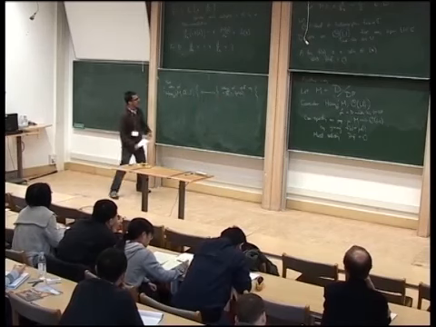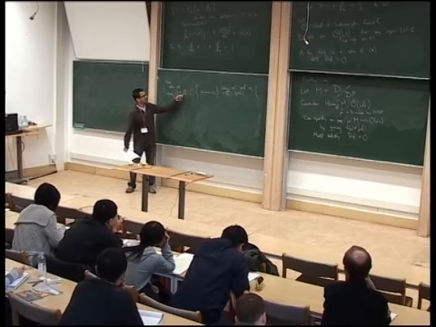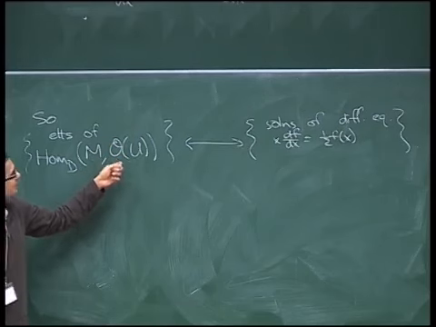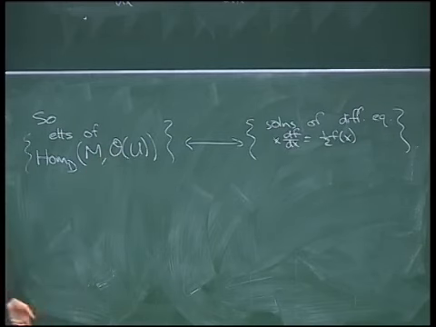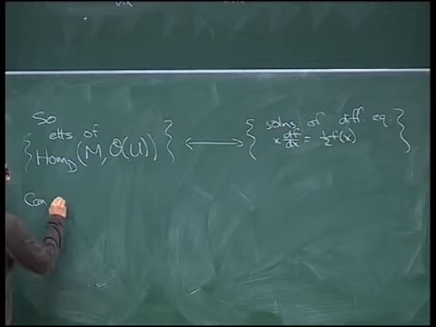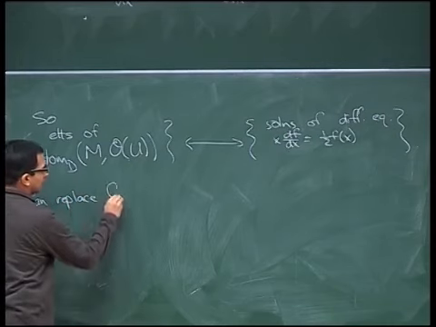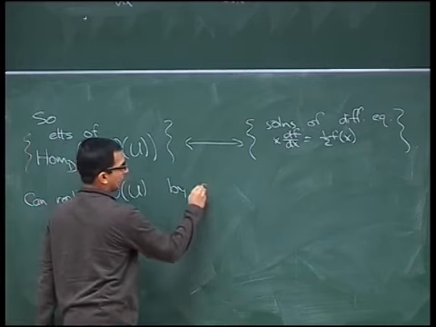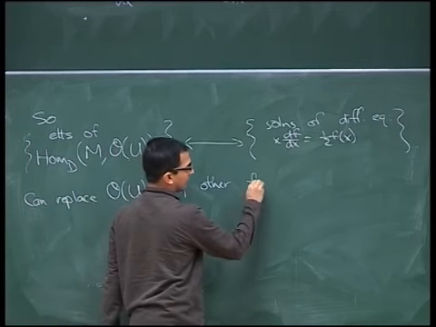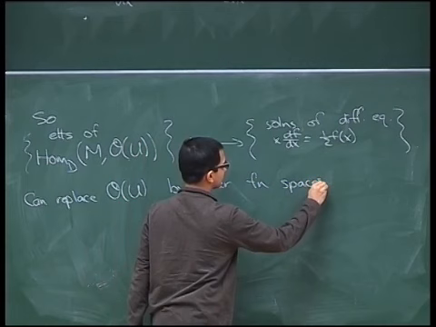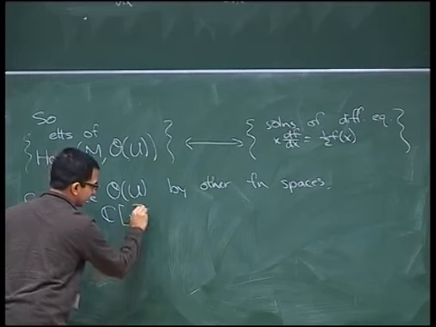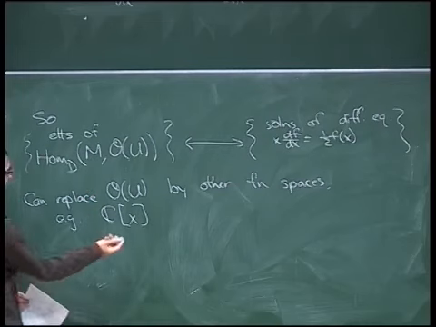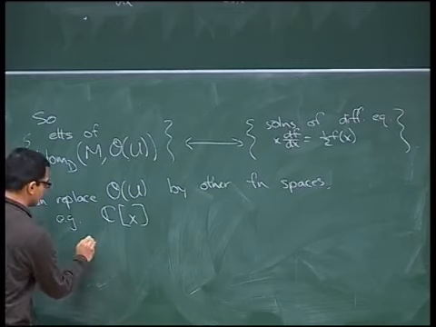But the advantage of looking at this side of the picture is that, already the way I've written things, I'm sticking in different groups here. I can change U, and I'm looking at a different space of functions. You could replace O(U) by other function spaces. For example, you could look at only polynomials, if you wanted polynomial solutions to a differential equation.